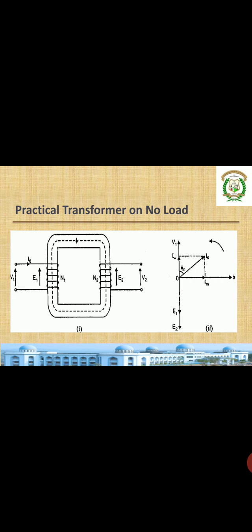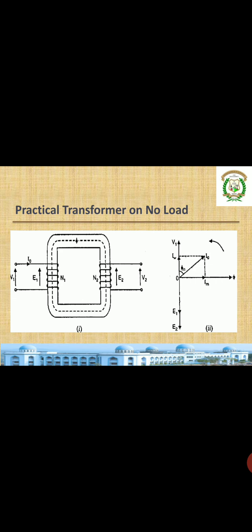These two diagrams show the practical transformer on no load. The first one is the symbolic representation and the second one is the phasor diagram. In the first one you can see the primary voltage V1 is connected to the primary winding having N1 turns. A small current I0 flows.